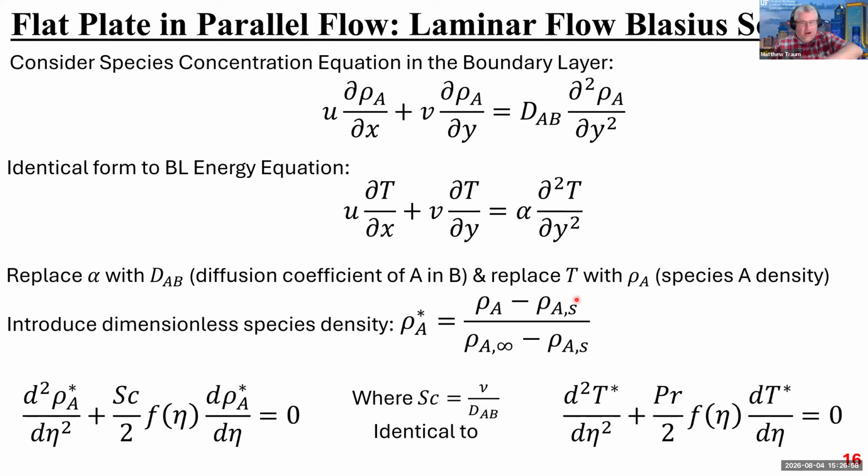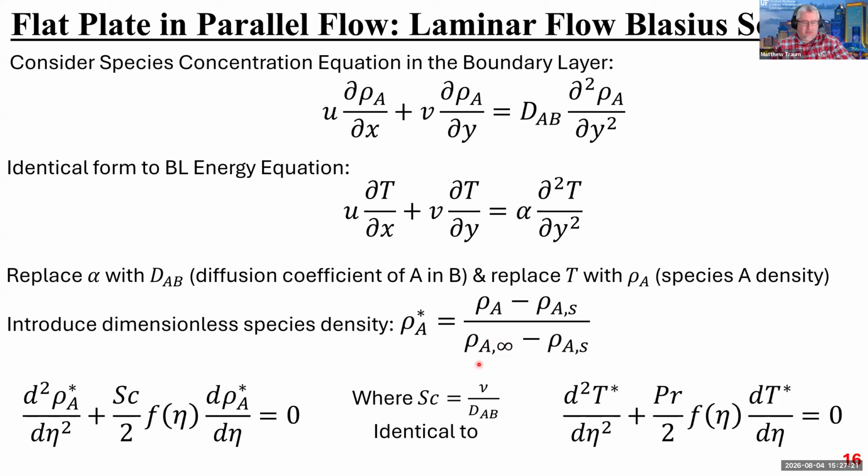Imagine you're trying to find the evaporation rate from a pool of water. This is right at the surface of the water, so 100% relative humidity right above the water. And then that gets non-dimensionalized by the species density up in the free stream minus the same species density at the surface.